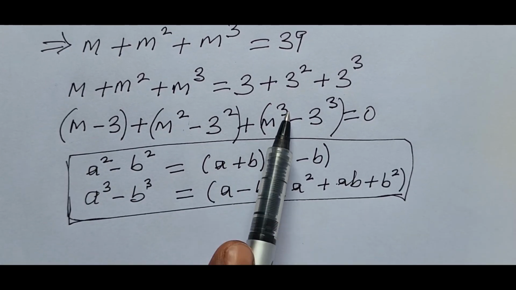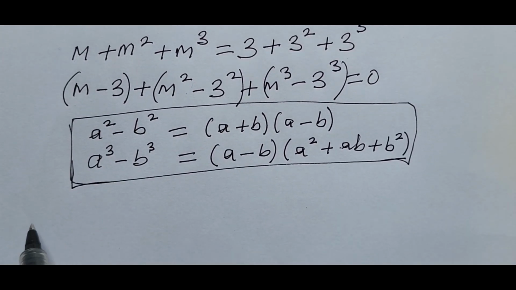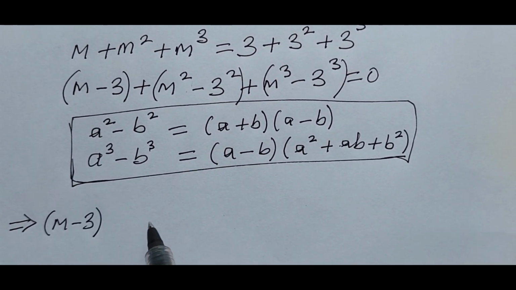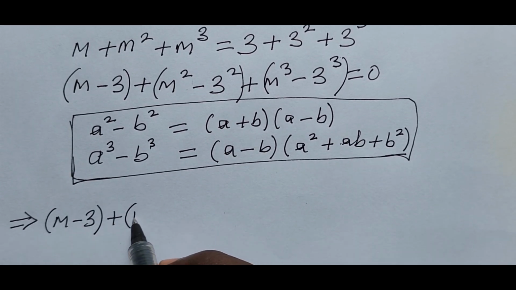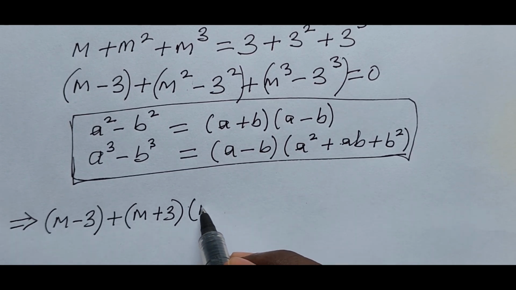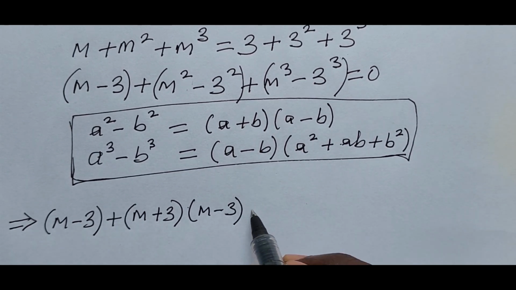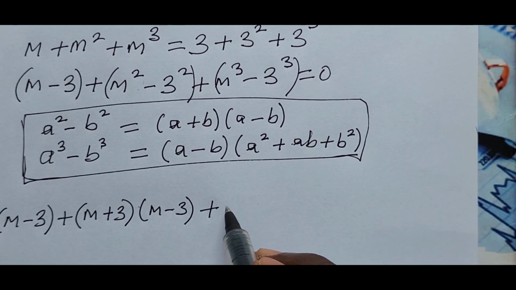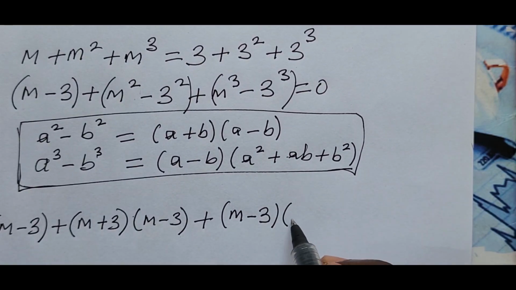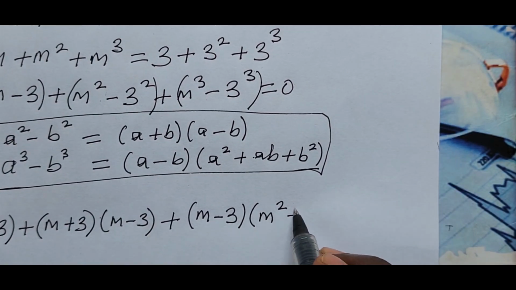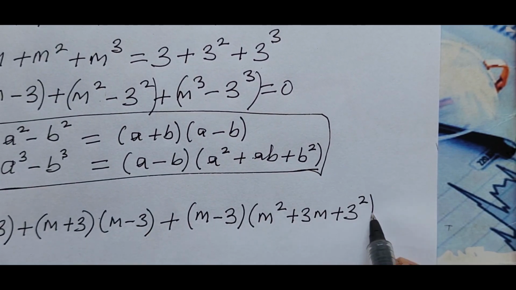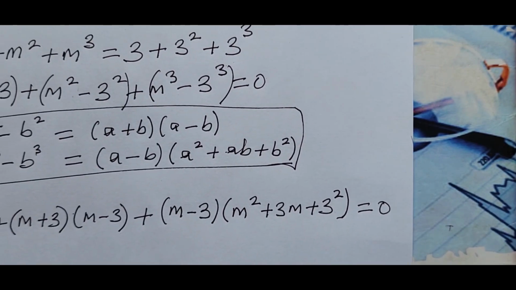Rewriting this in this format and this in this format, this now implies (m - 3)(m + 3) plus (m - 3)(m^2 + 3m + 3^2), everything equal to 0.